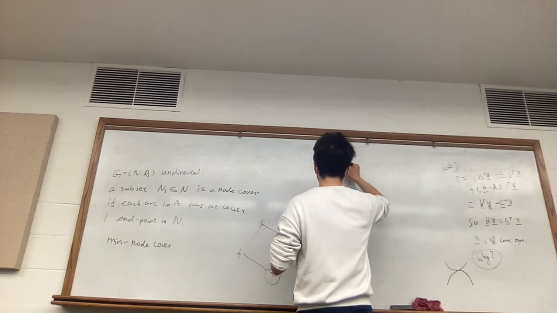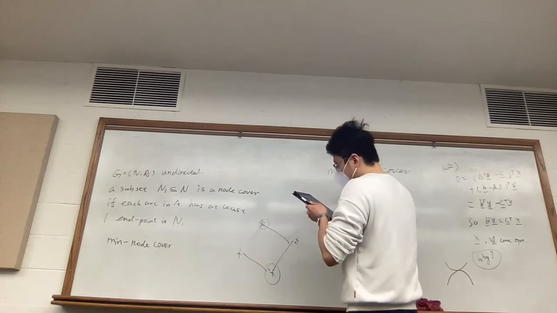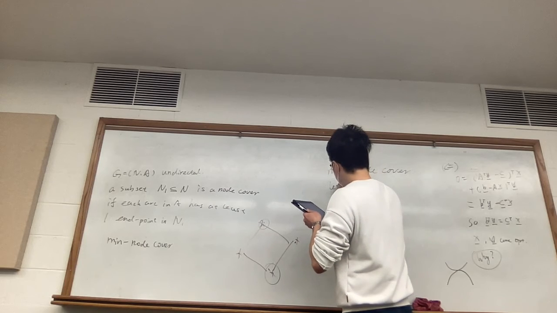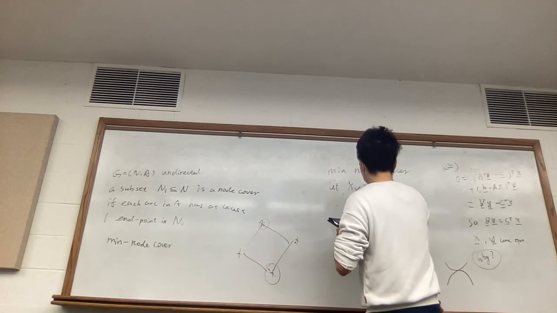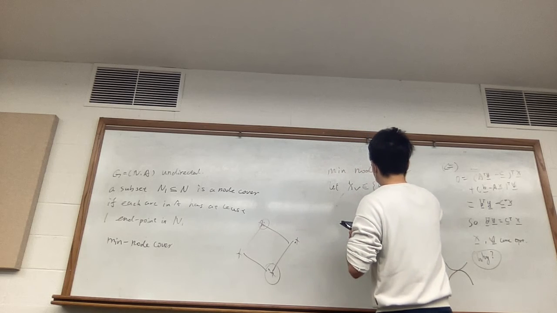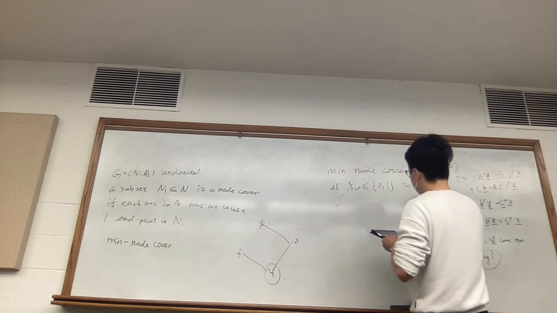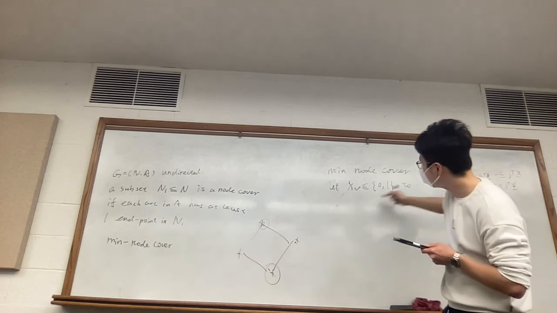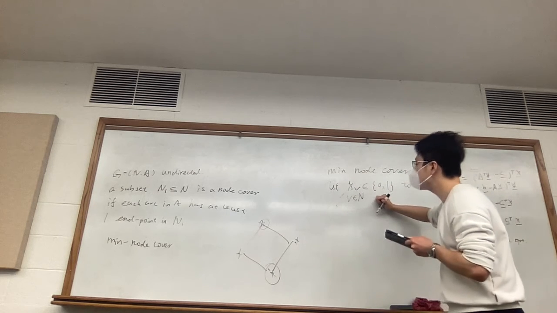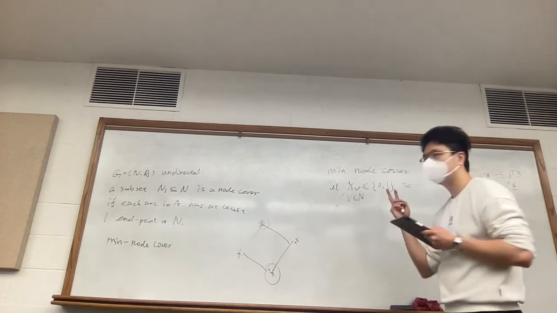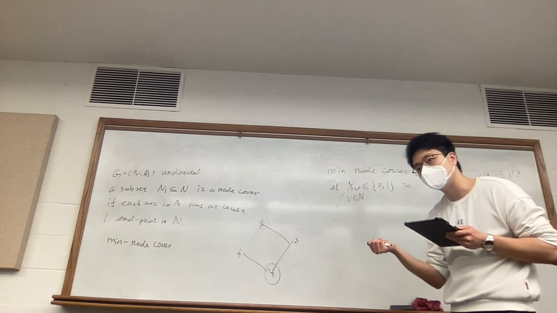So, min node cover. We can just let xv be 0 or 1, where v is in the node set. That's to say, for every node you have two options: to include it in the node cover or not include it in the node cover, right?